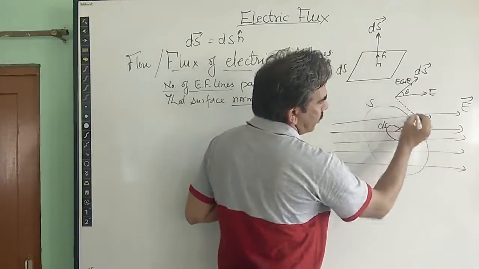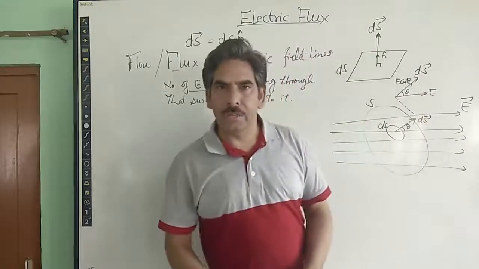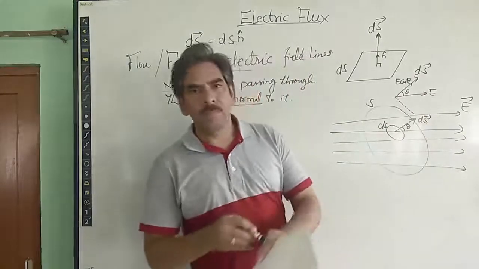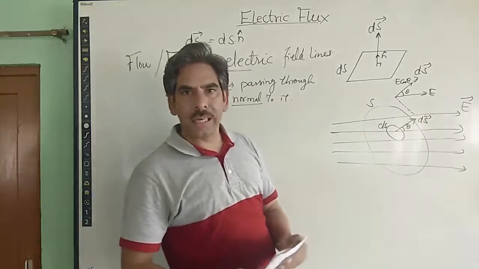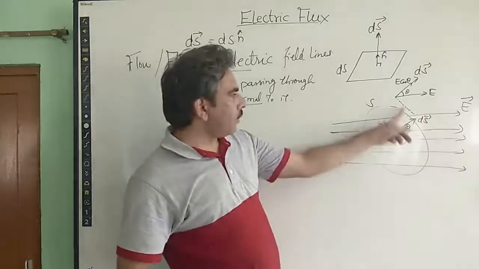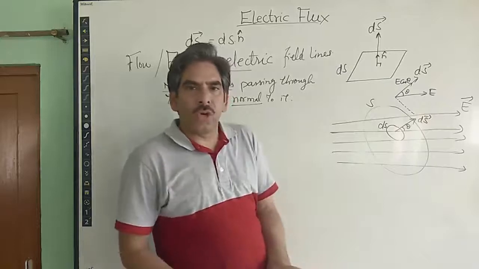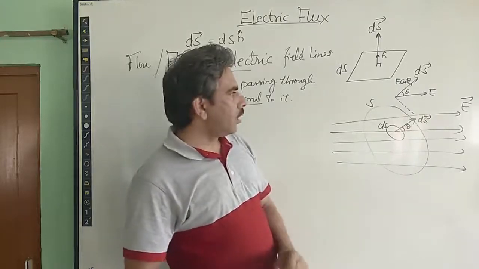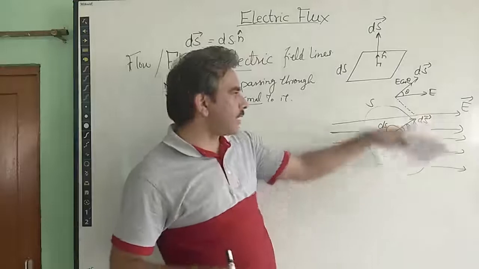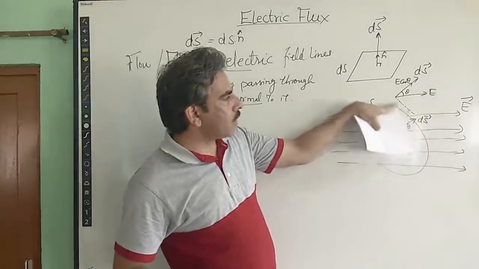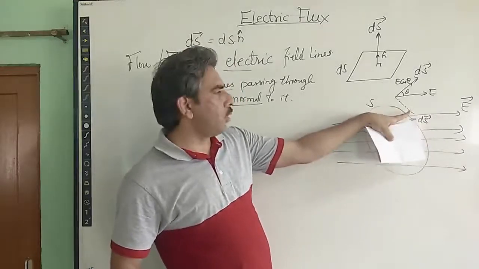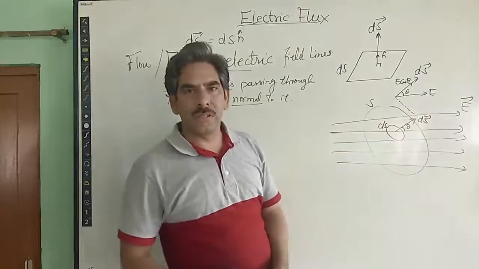That is not to be taken here because we are interested only in the normal electric field, right? The other one will be parallel to the surface, which will have no flux, because the field lines along this component of electric field will not be able to cross the surface. That is the way.